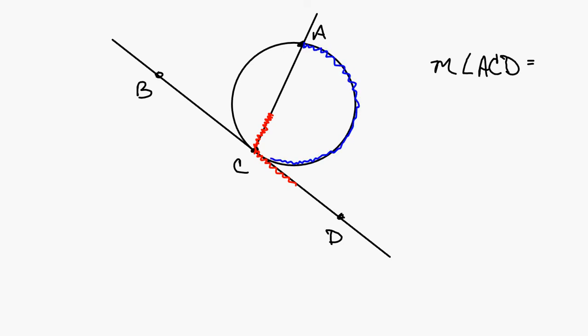That is its intercepted arc. So if arc AC was equal to 178, then you take 178, you divide it by 2. And 89 degrees would be this angle right here. So that's one way you'll be given the problem.